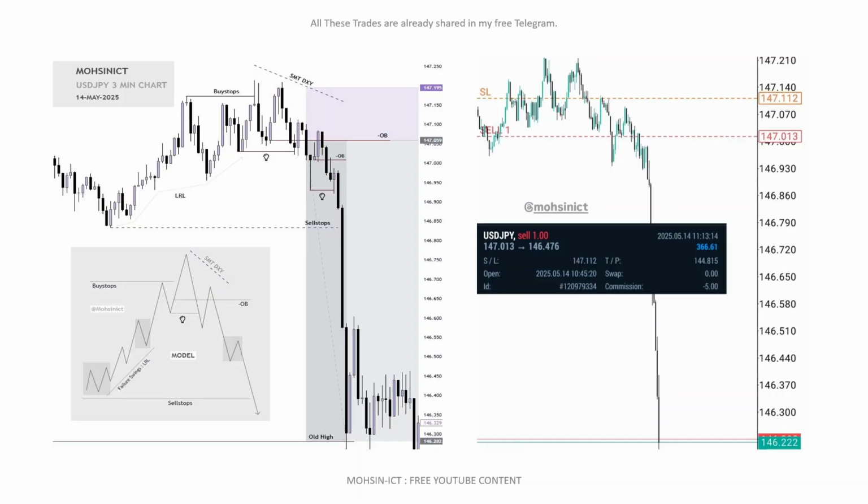After liquidity, our next very important part is to look for the SMT, which is smart money technique, or the divergence between correlated assets. For me, I usually look for the dollar index SMT because that is very strong and it gives us very amazing moves as well.